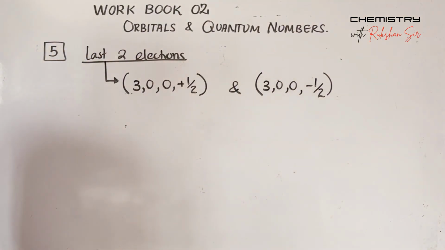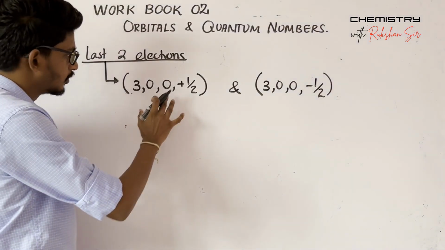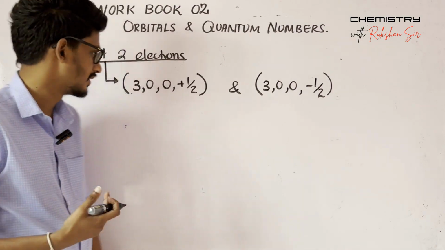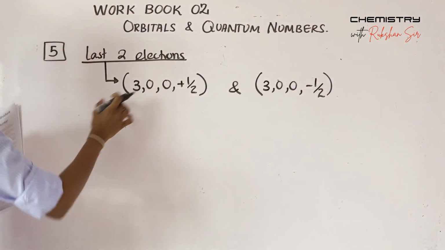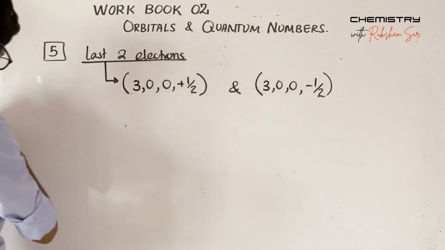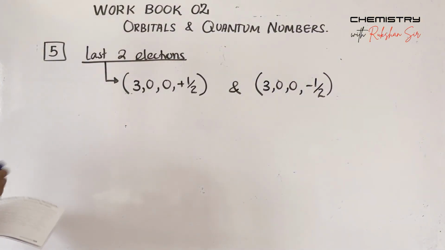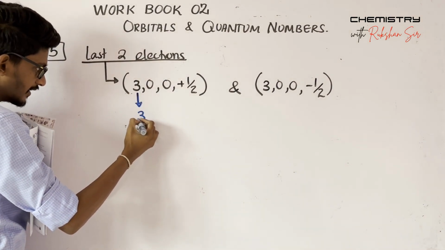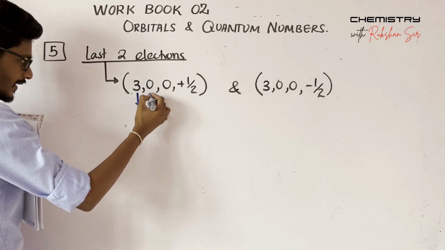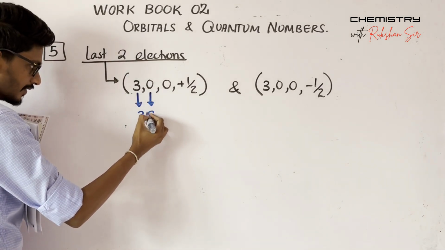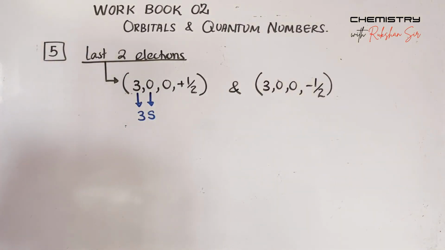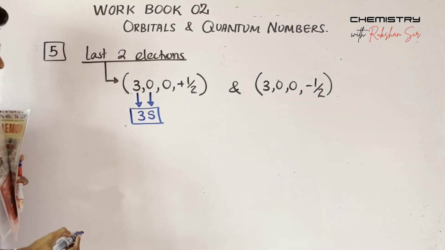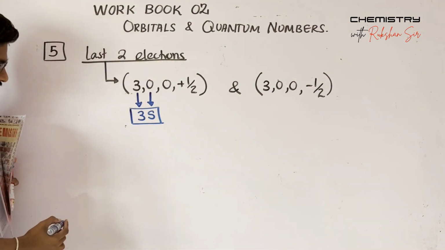If they have given you a quantum number set, you should be able to read it properly. This is all about the third energy level S subshell, the 3S subshell.